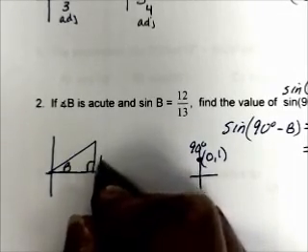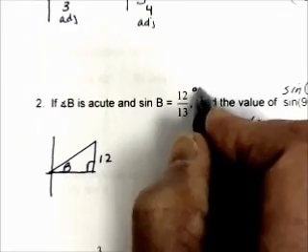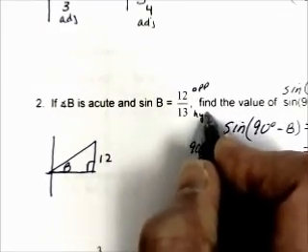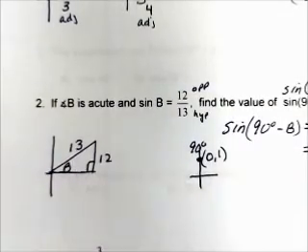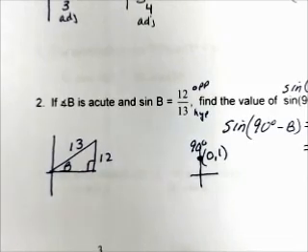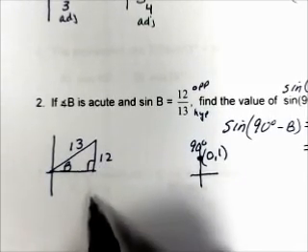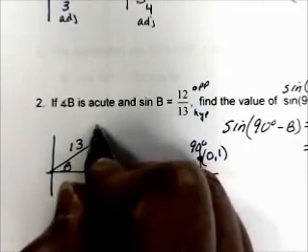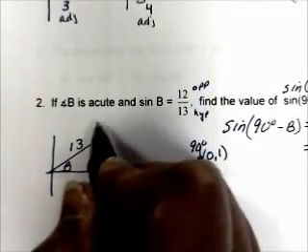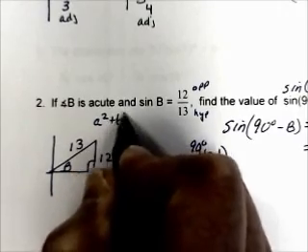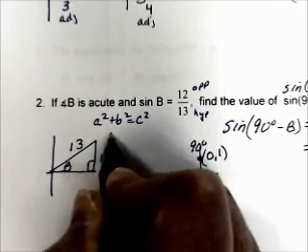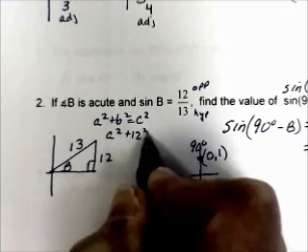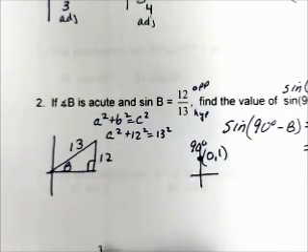Sine is opposite over hypotenuse, so that's 12, 13. This is a 5, 12, 13 Pythagorean triple. If you didn't recall that, then we would have to simply do a squared plus b squared equals c squared. So a squared plus 12 squared equals 13 squared.